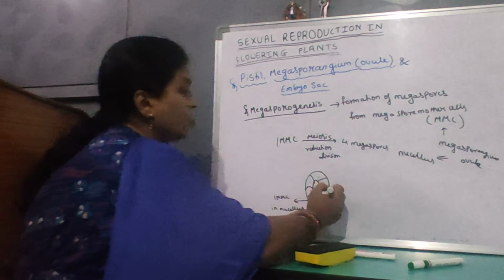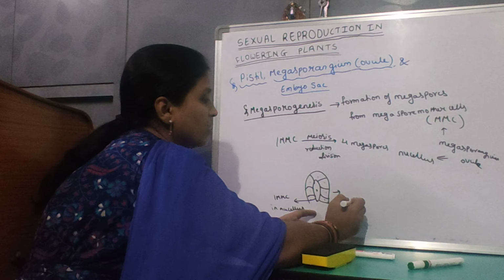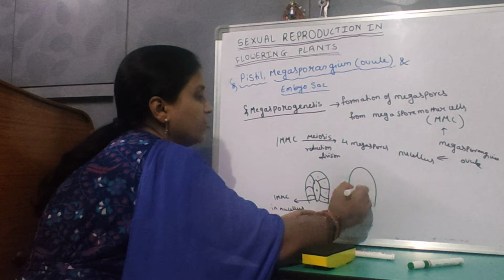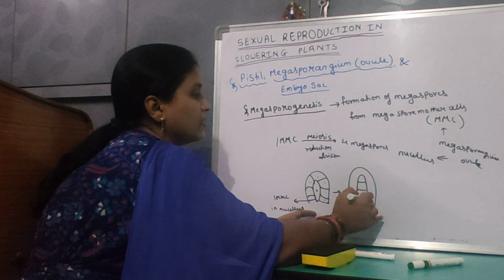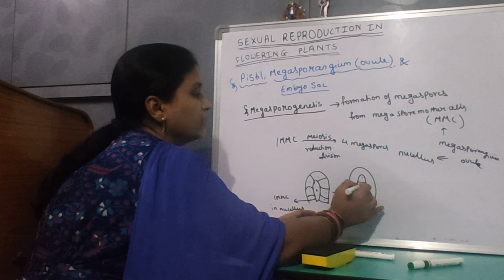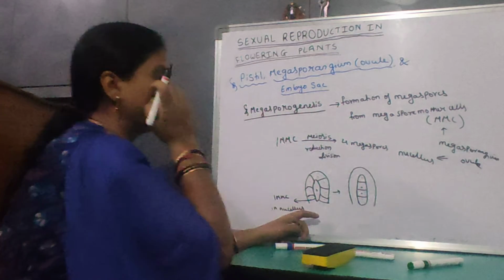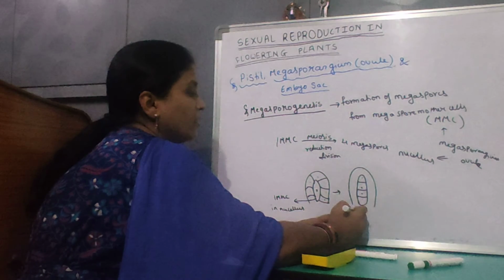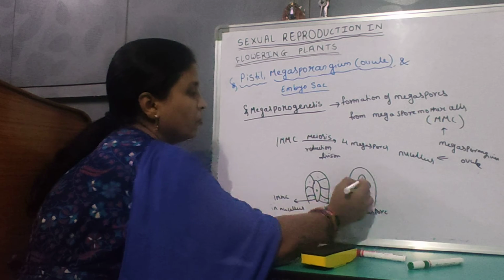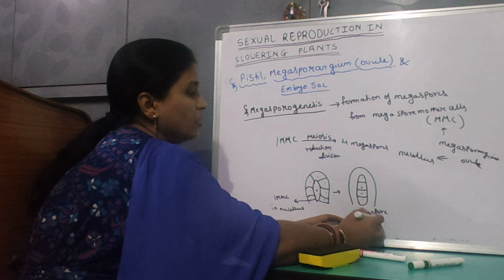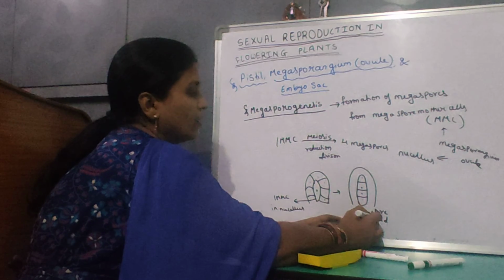It is going to undergo meiosis, so it can be shown like this. Here it has become a megaspore tetrad. 4 are there, no? So, megaspore tetrad.